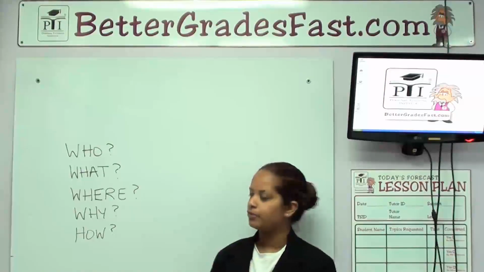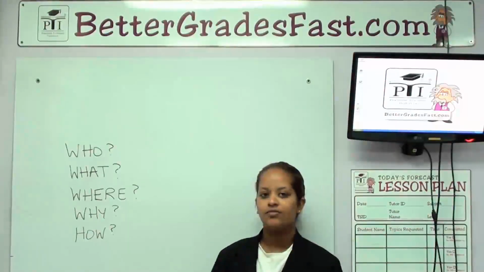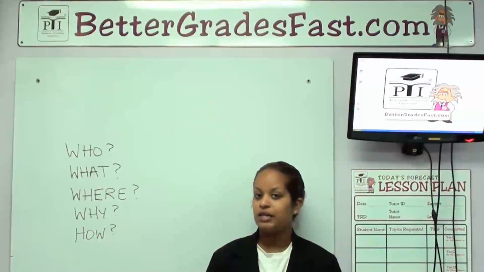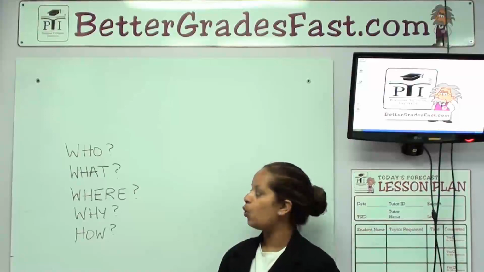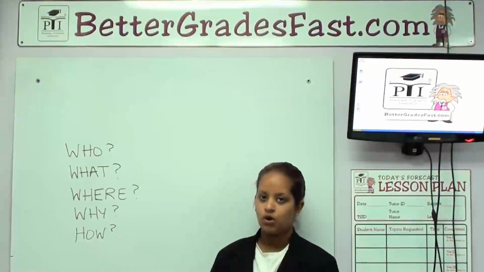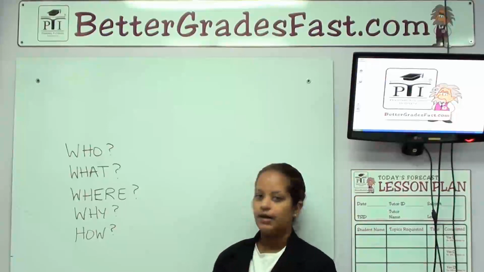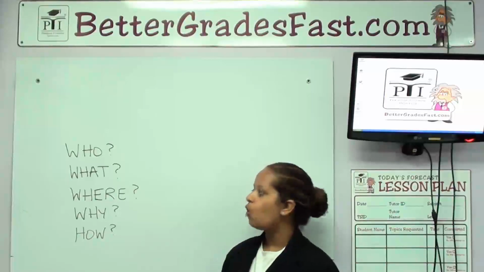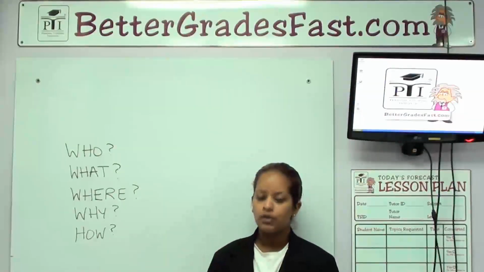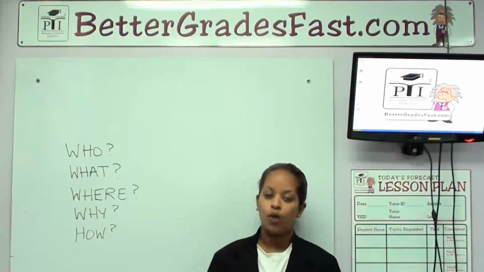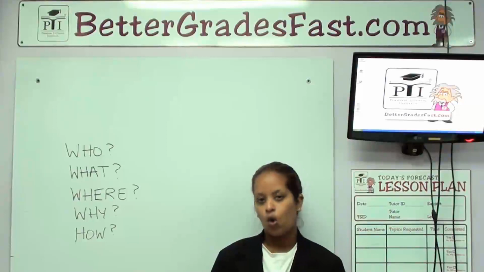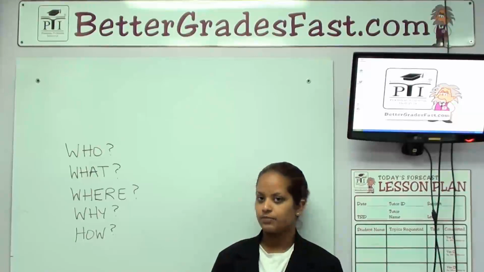Let's just recap. The 5 main interrogatives, meaning questioning words in English, are who, what, where, why, and how. When asked who, ensure that your answer is a person or persons. When asked what, your answer should relate to some noun or a noun phrase.